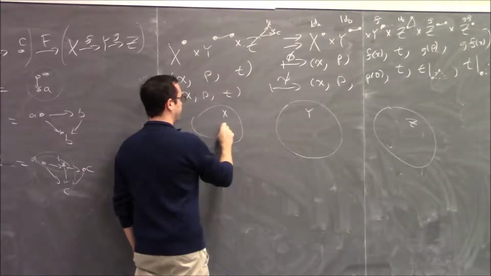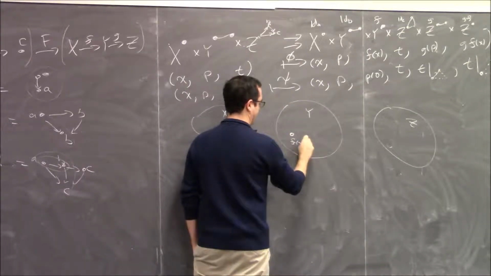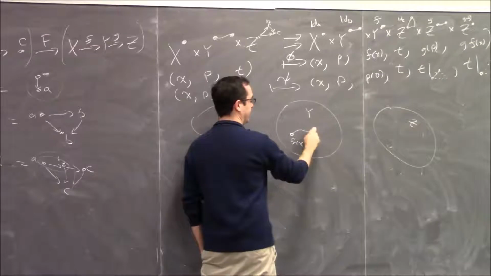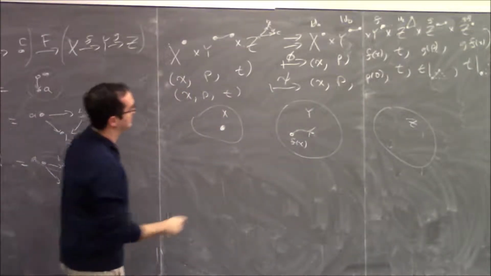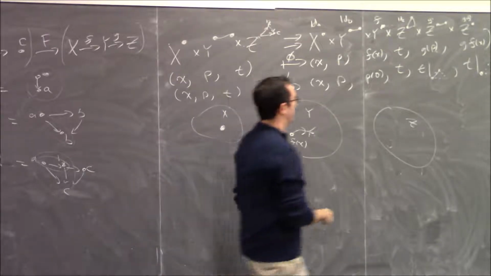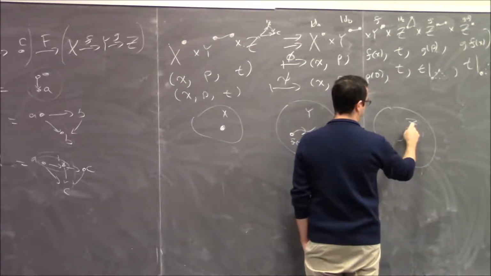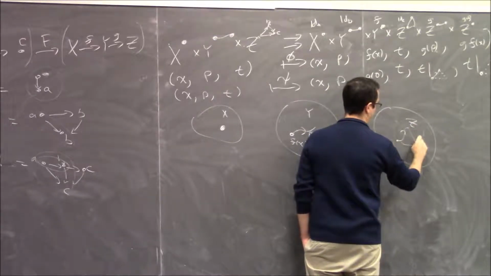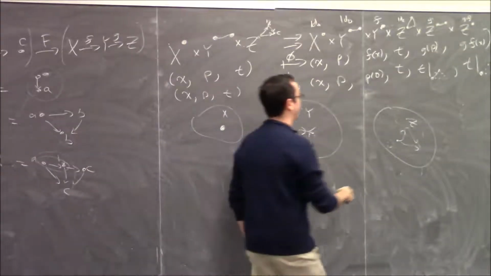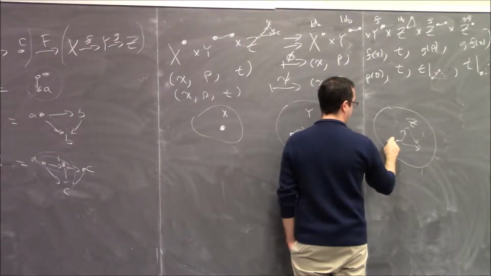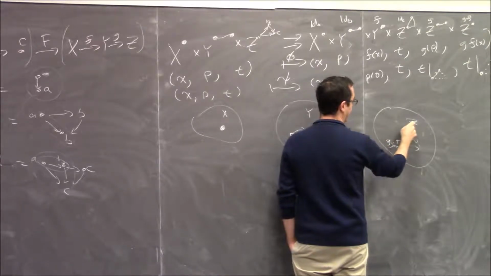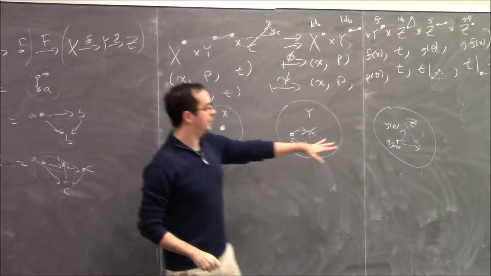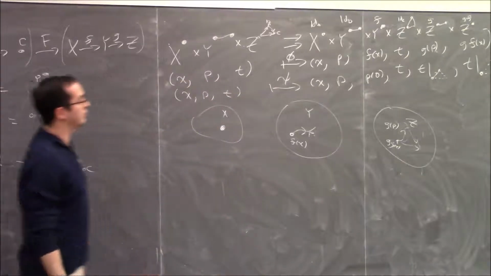So I have a point in X. I can map it over by F. I also have a path in Y, and I require that my path starts at F of X. Then I have a map of a triangle into Z, and I want G of F of X to be that point, and I want this edge to be G of P. And the other things have no restrictions there.